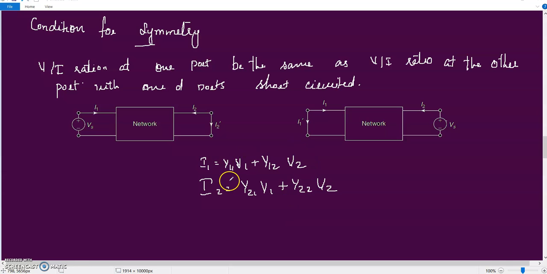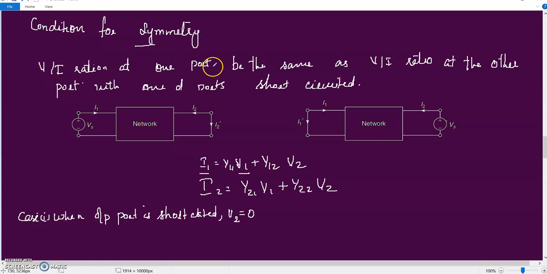These are the Y-parameter equations. We have to consider case 1. Output port is short circuited, that is V2 is equal to 0. When V2 is equal to 0, we will have I1 and V1 at the same port, the VI ratio at one port. When V2 is equal to 0, we have in the second equation I2 and V1, but we need the voltage ratio at one particular port to be the same as the voltage ratio at the other port.